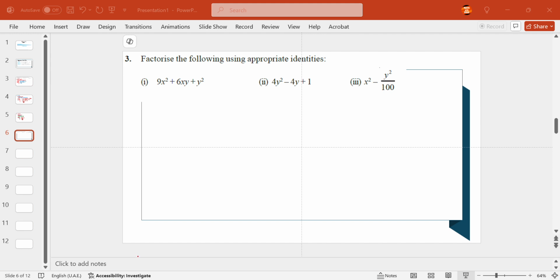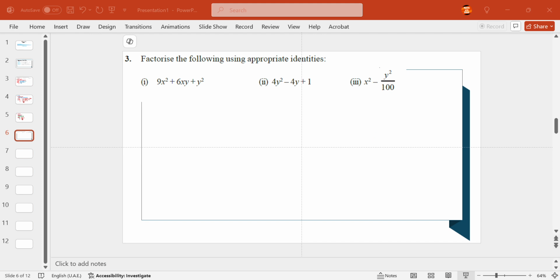Okay. Now once I have written, check the middle term. Sorry, there is no middle term. Here we have only two terms. Therefore, it can be written as a plus b times a minus b. A means x, plus b means y by 10, times a minus b, x minus y by 10.